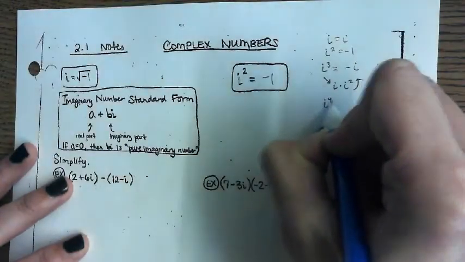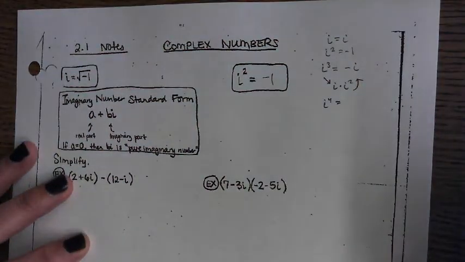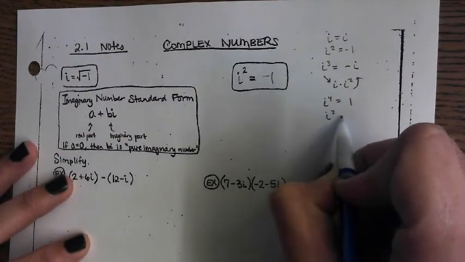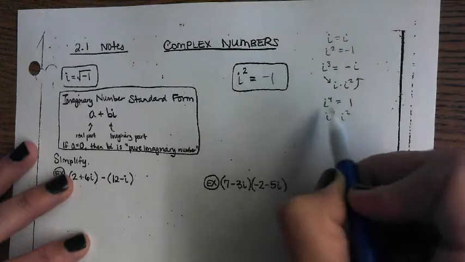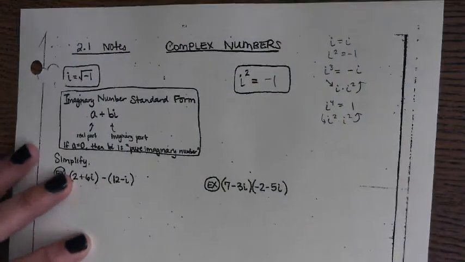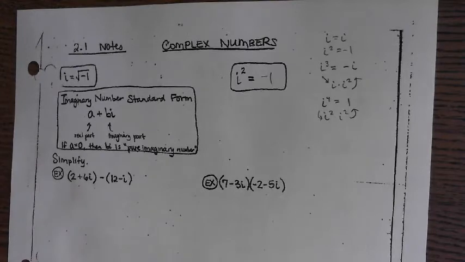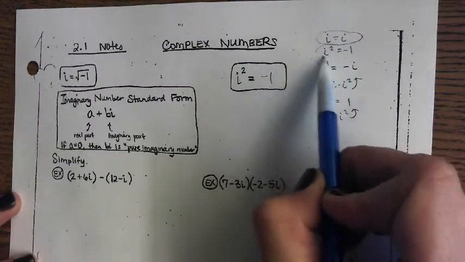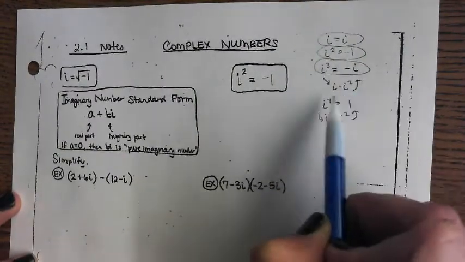i to the 4th is 1. Logically, that's i squared times i squared from your exponent rules, which is negative 1 times negative 1, which is 1. And what's i to the 5th? There's i to the 1st, i to the 2nd, i to the 3rd, i to the 4th.